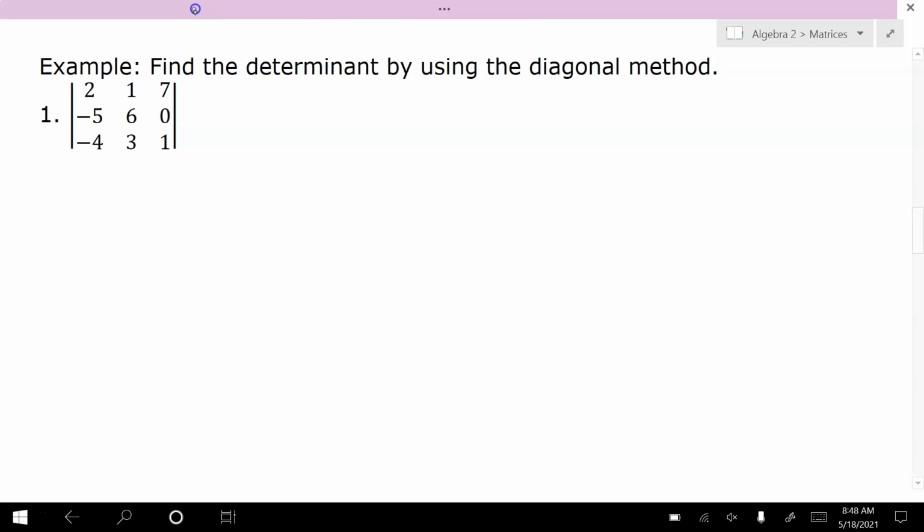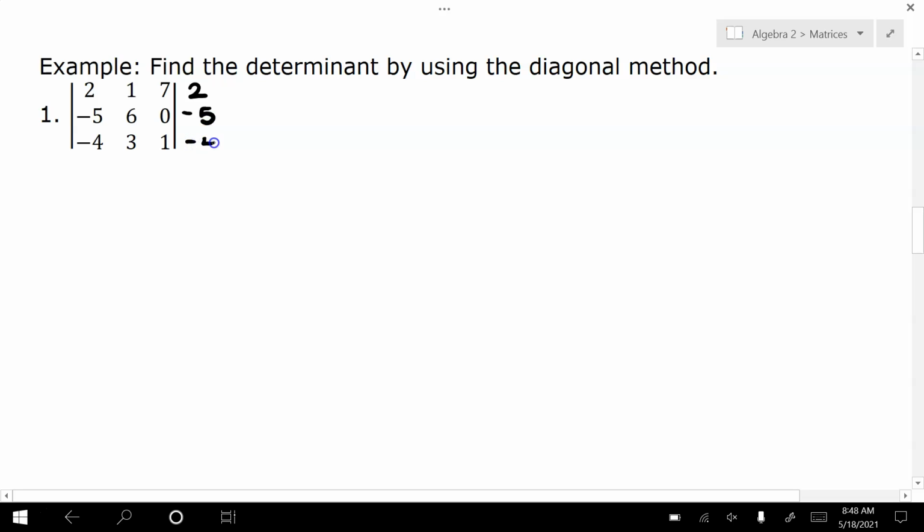The first thing I would do is take the first 2 columns from your determinant and copy them down right next to the edge of the determinant. So you're going to put 2, -5, -4 down, 1, 6, and 3. Okay, I'm going to do my first set of diagonals.